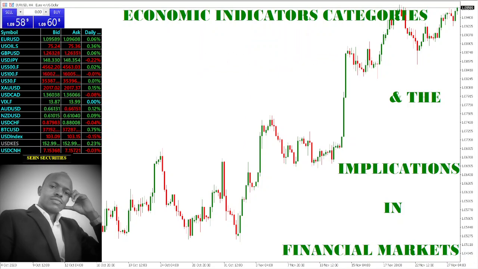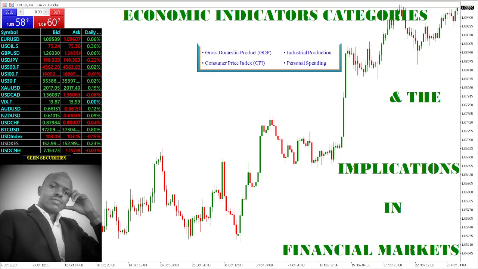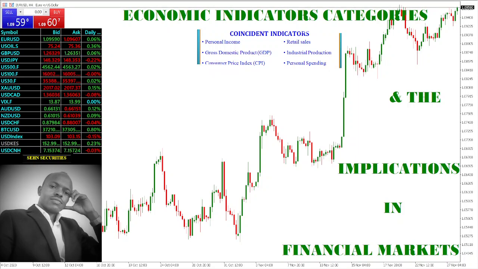Leading indicators anticipate future changes, while lagging indicators tend to move after changes in the economy have taken place and confirm patterns. On the other hand, coincident indicators occur in real time and help to clarify the present state of the economy.